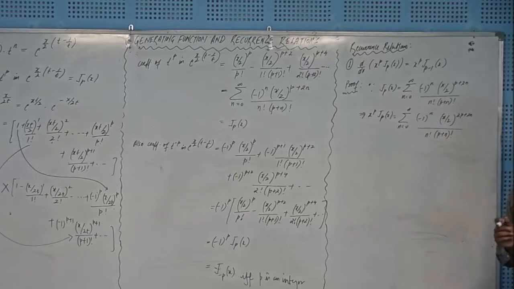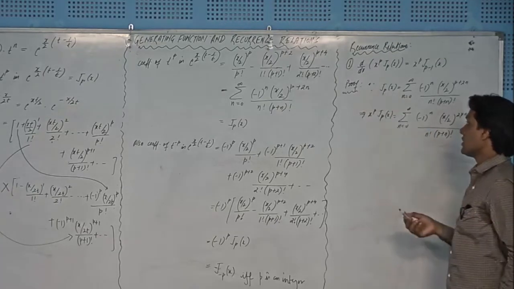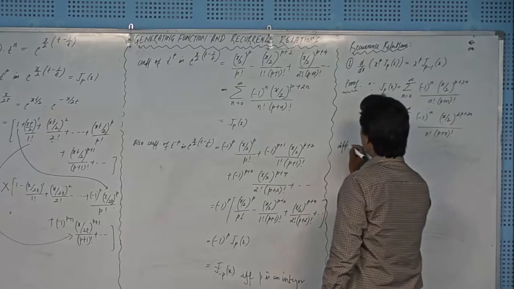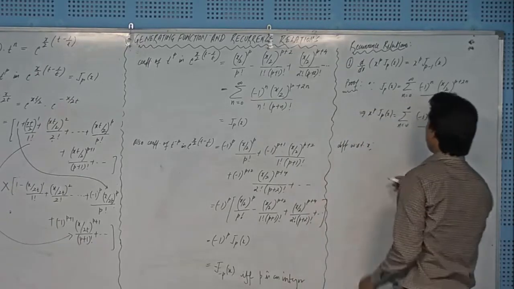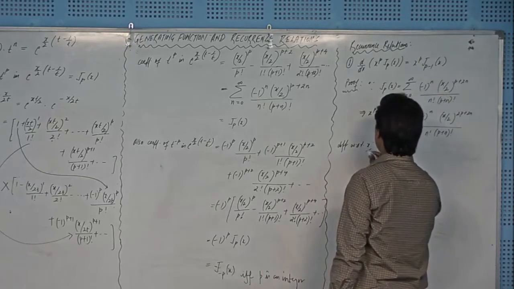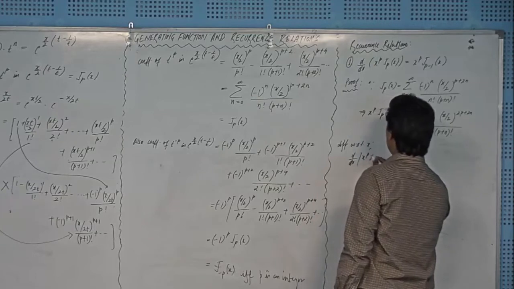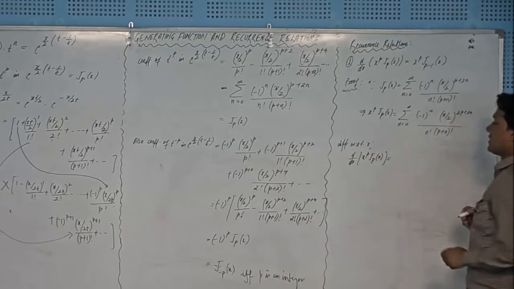So this is the result after multiplication with x to the power p, and we have to differentiate it with respect to x. So when you differentiate, the left hand side will become d by dx of x to the power p JPX, equal to differentiation of this thing with respect to x.